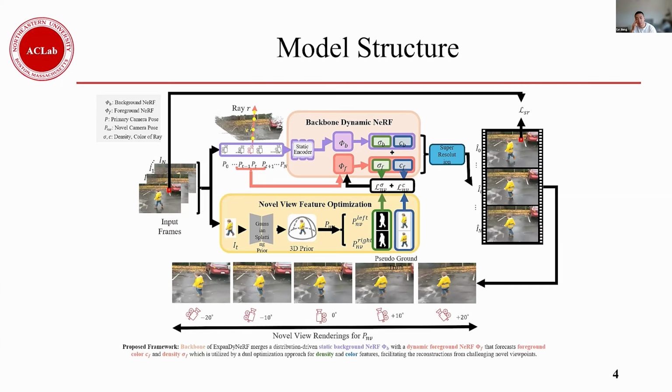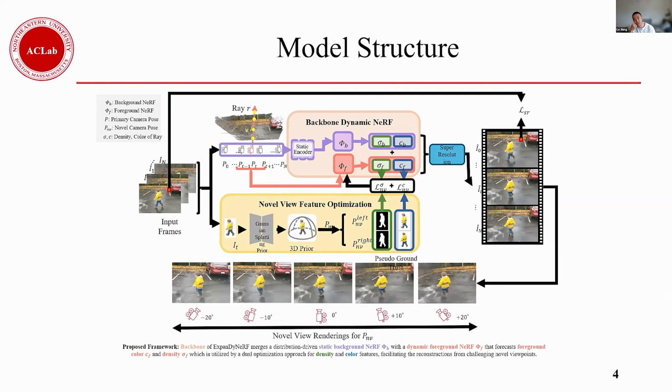Our backbone uses two intertwined networks: one for the static background, Φ_B in the figure, and one for the dynamic foreground, Φ_F in the figure. These two branches have asymmetric inputs by design. Φ_B takes all N frames together with no time conditioning, so it can only model content that is consistent across time.